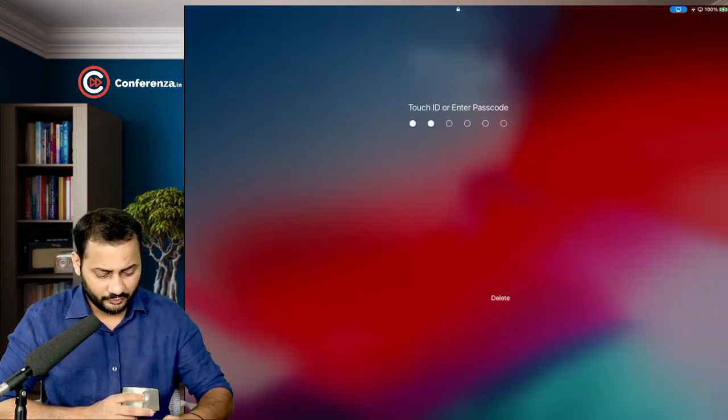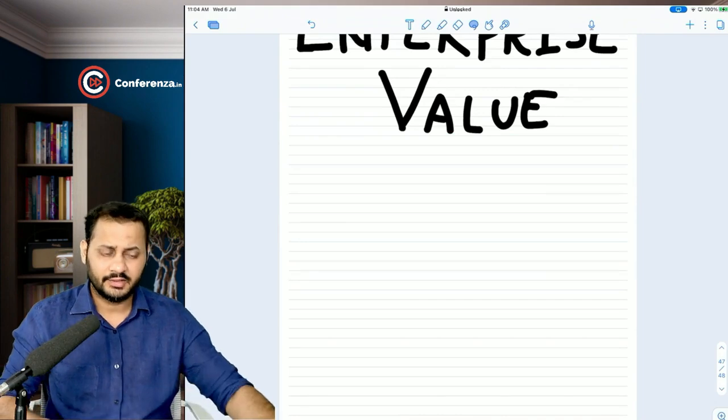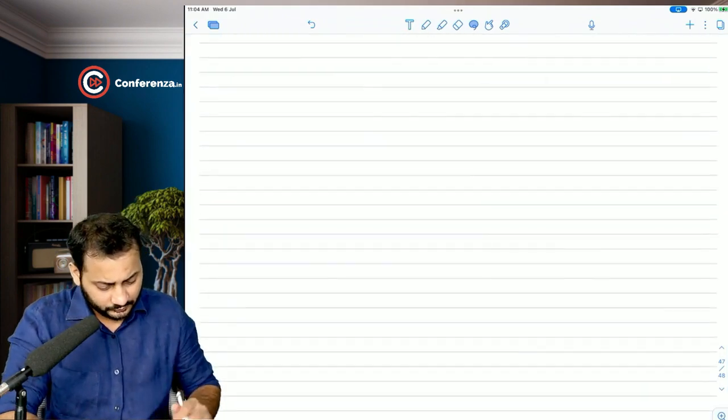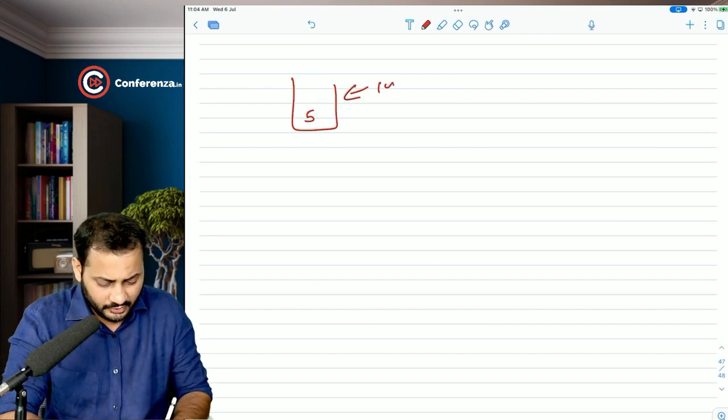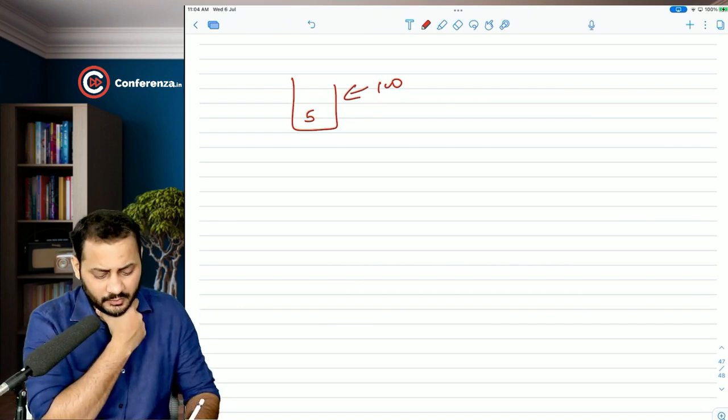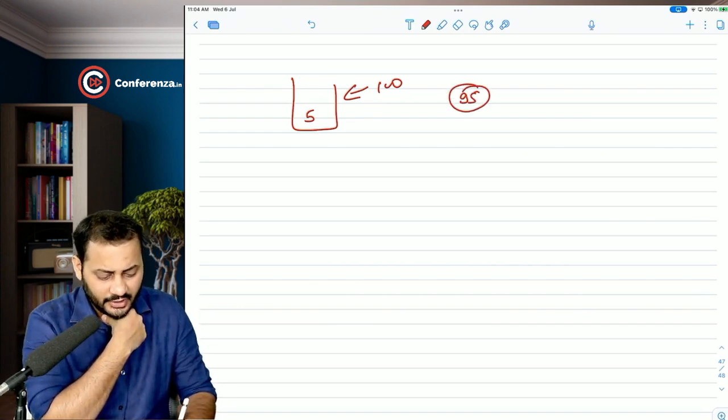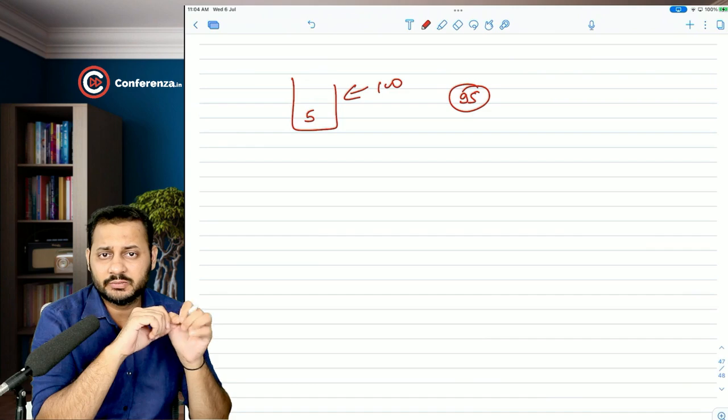So practically speaking, the cup is costing you only 95 rupees, because you are getting 5 rupees back.